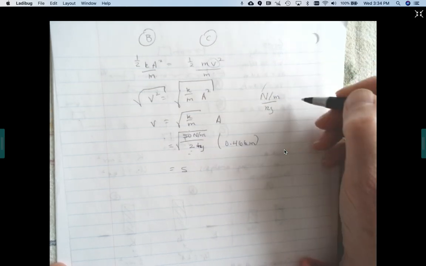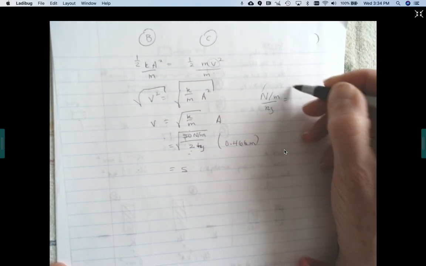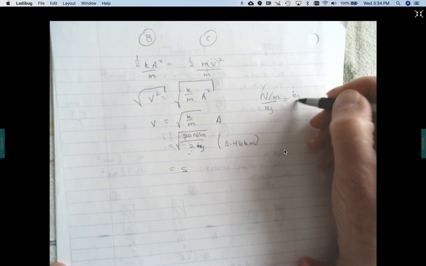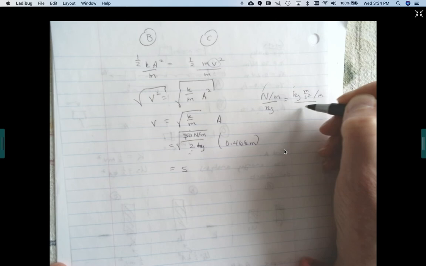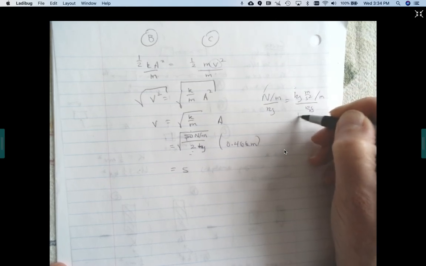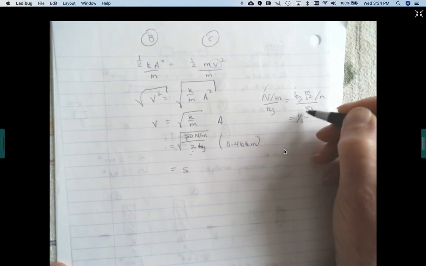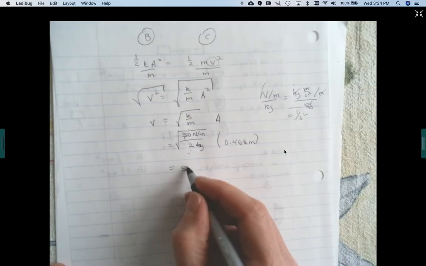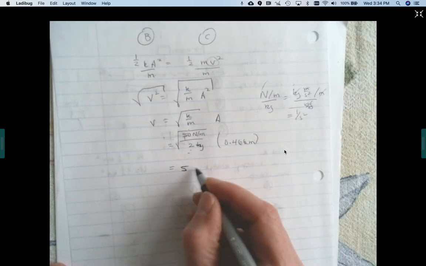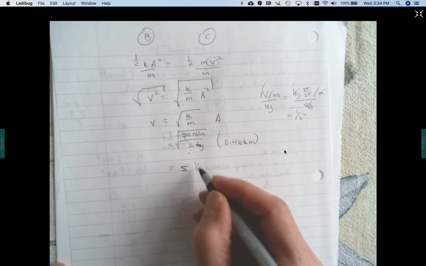So a Newton, remember, is a kilogram meter per second squared. We're dividing by a meter and divided by a kilogram, so we get 1 over second squared. So those go away. And then we took the square root of it. So it's 5 times 1 over second.